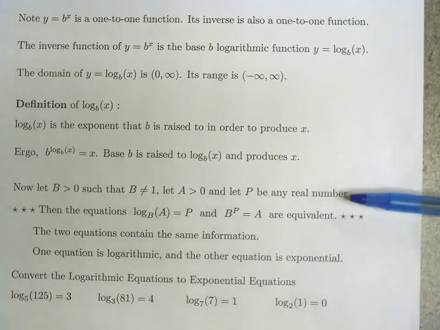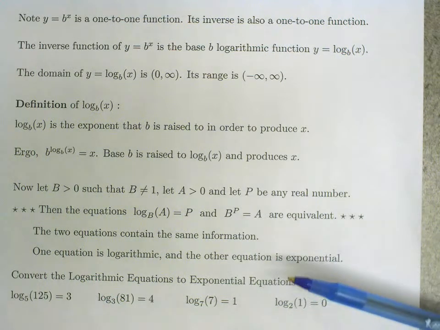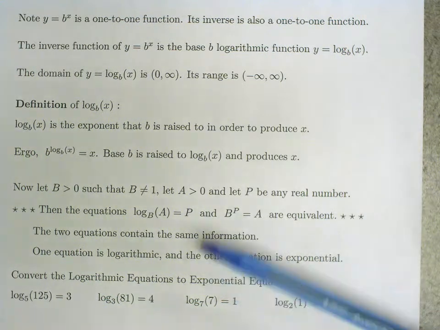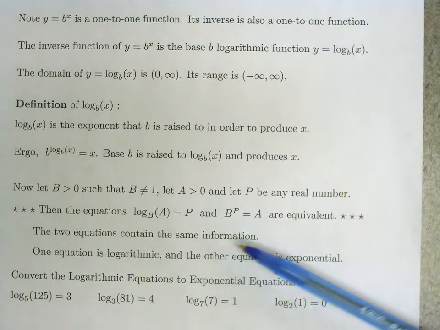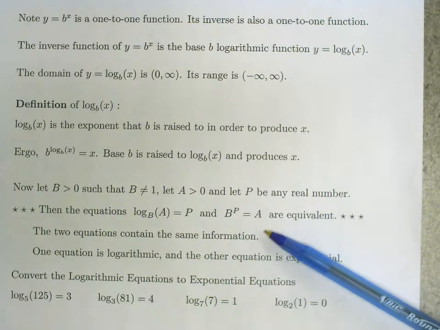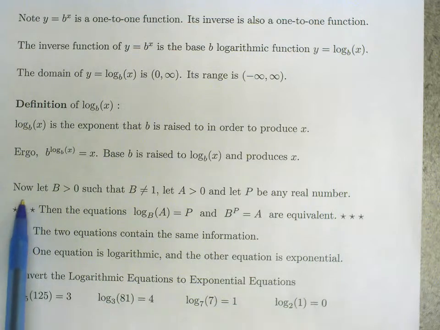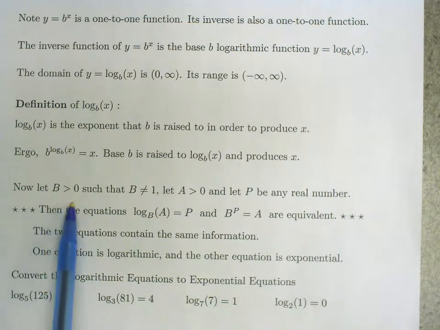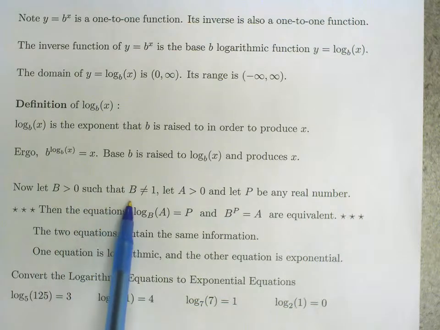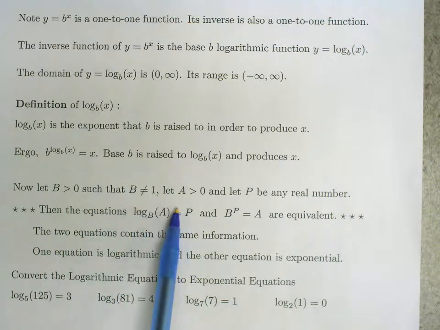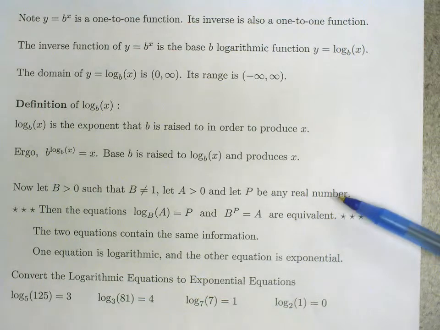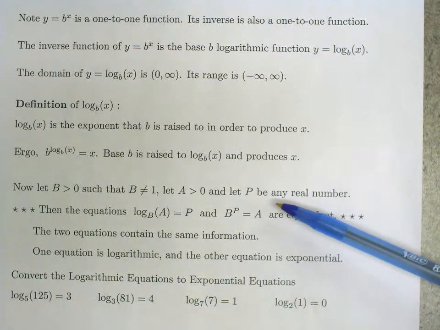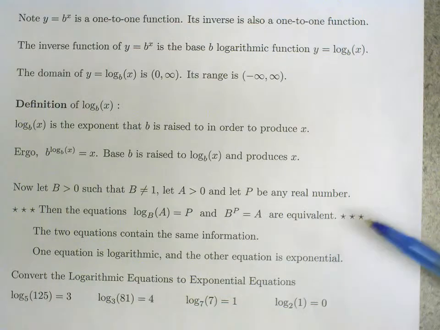Okay, to understand logarithms, it's helpful to know that a logarithmic equation is equivalent to an exponential equation. So for this part, let's just let capital B be greater than 0, such that capital B does not equal 1. Let capital A be greater than 0, and let capital P be any real number.